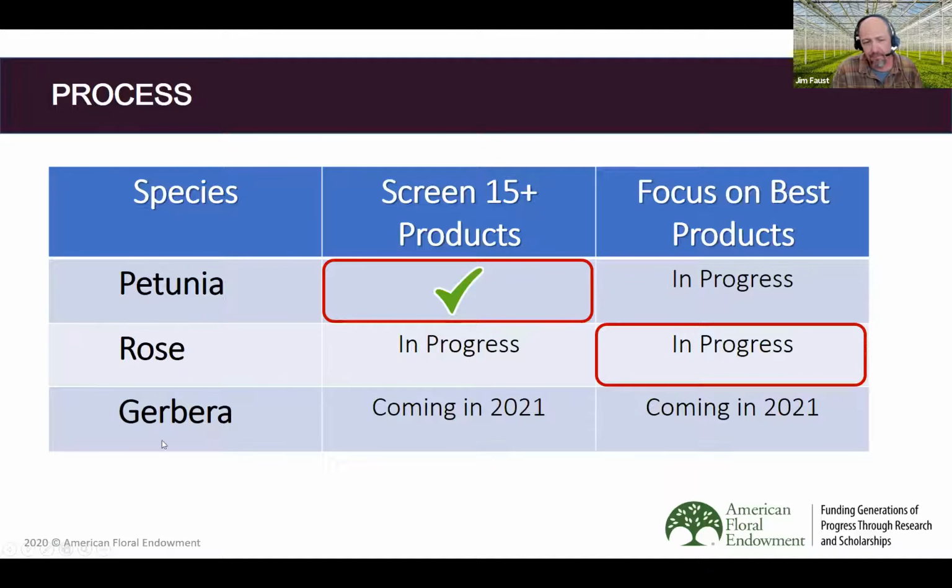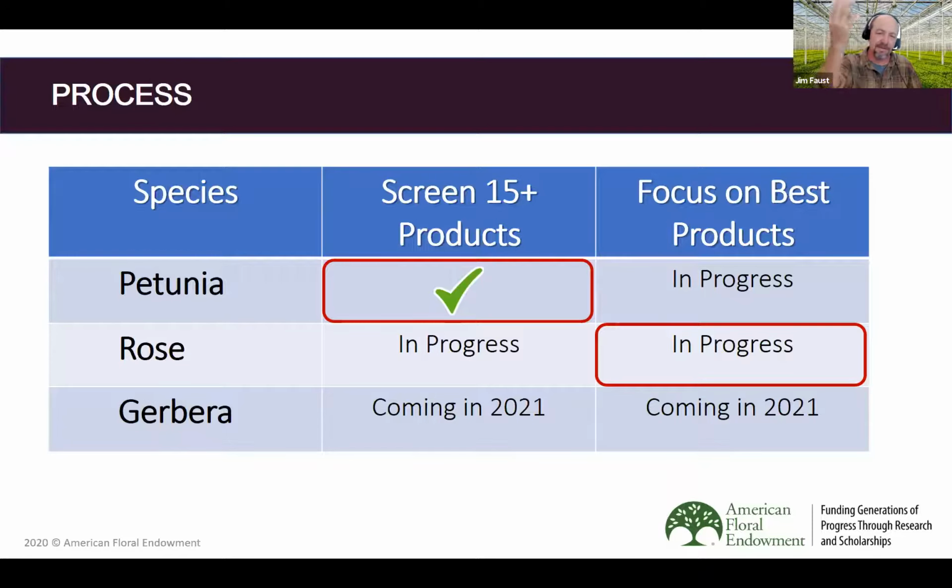Gerbera, where we've had the biggest challenge in our experiment so far, is, I think, because of the habit of the plant. With rose and petunia, you have the flowers being formed at the top of the canopy where we can spray pretty effectively. With Gerbera, the flowers form underneath the canopy, where there's often a lot of Botrytis spores floating around. Those buds can be inoculated with Botrytis at an early stage.